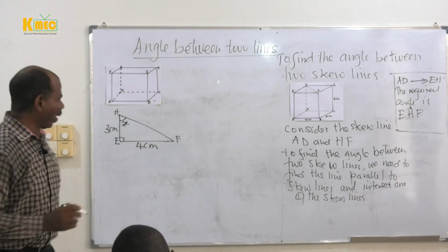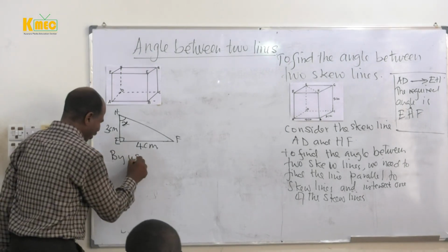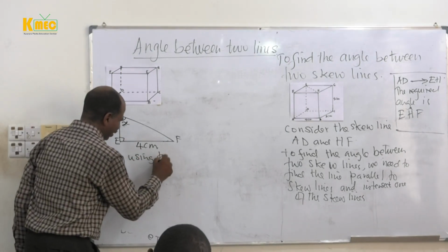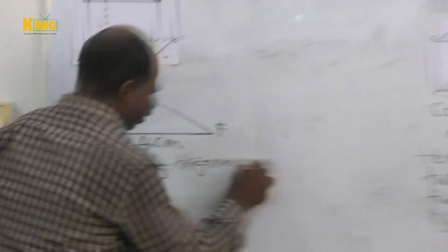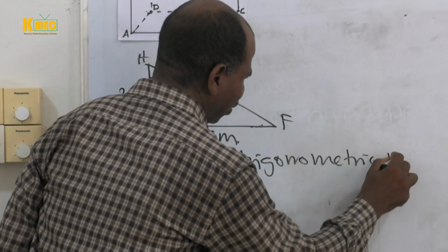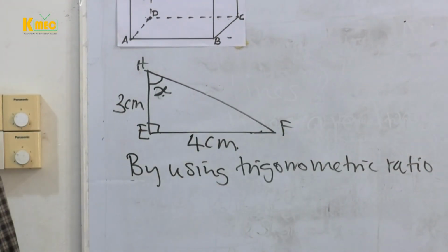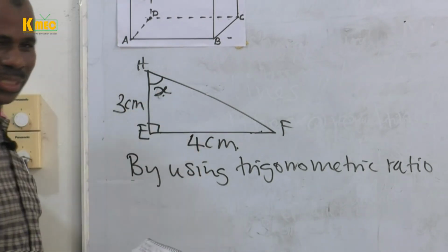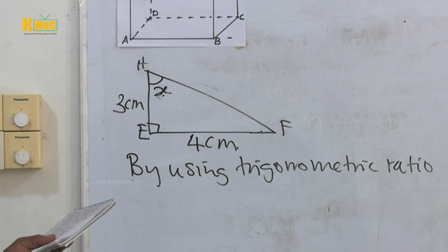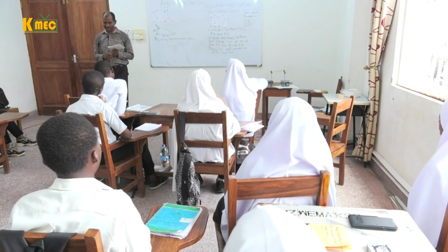Okay? By using trigonometric ratios, we can find the angle X. The side here is the opposite side, and the side here is called the adjacent side.